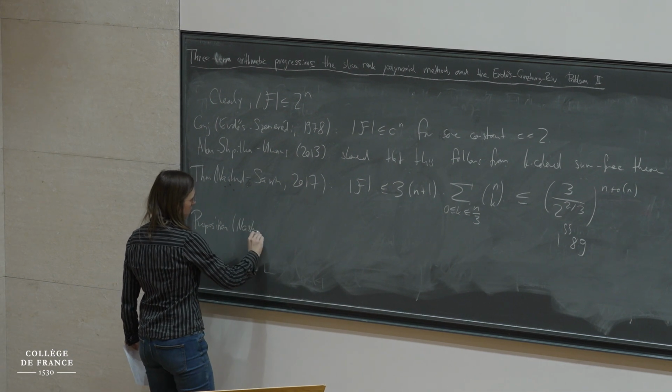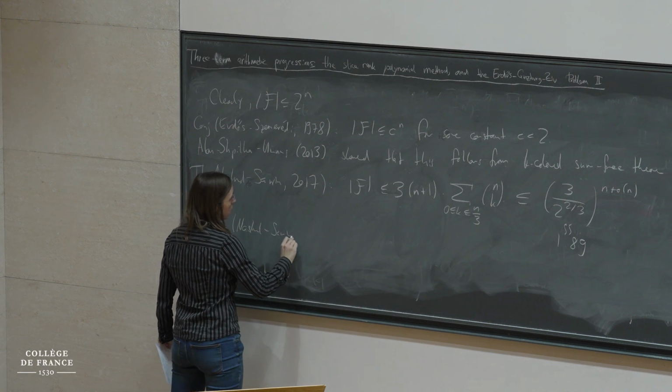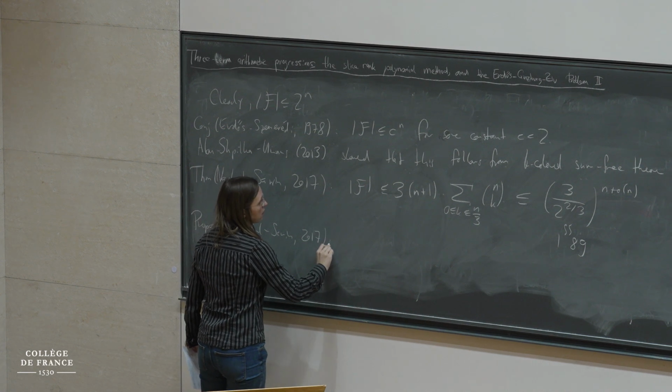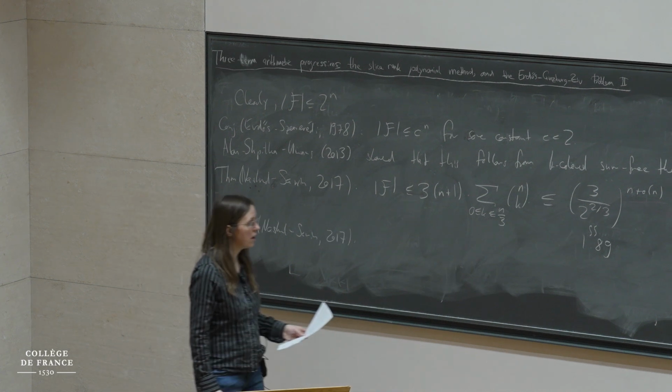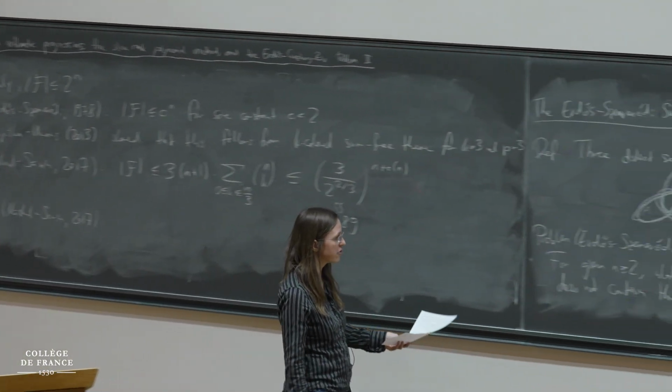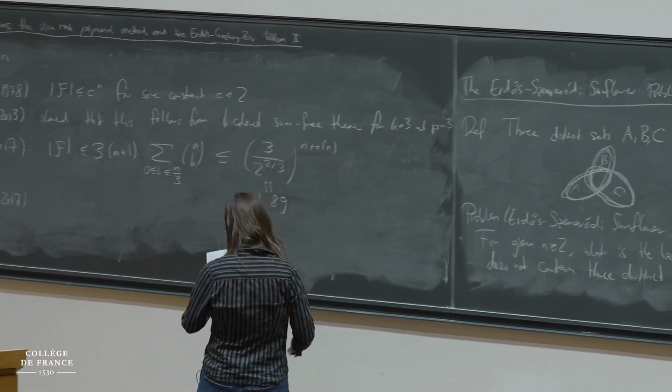So again, Naslund and Sauermann reduced this theorem to the case that all members in the family F, so all sets in the family F, have the same size.